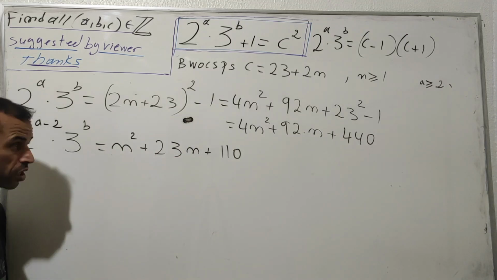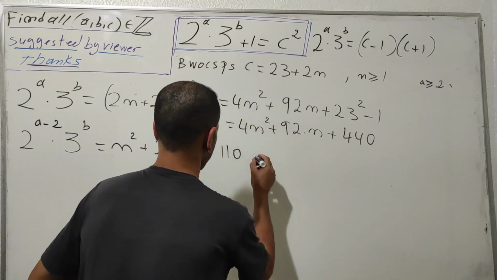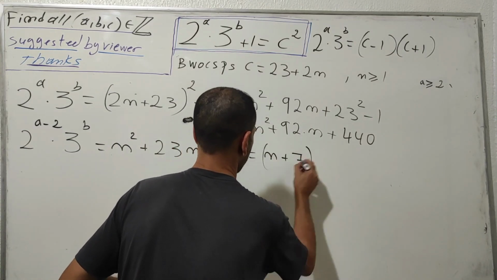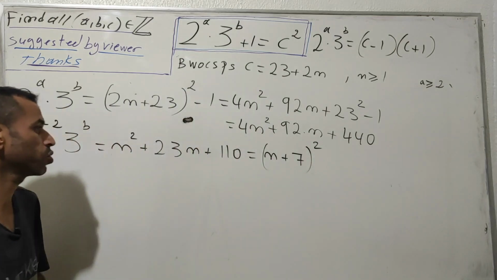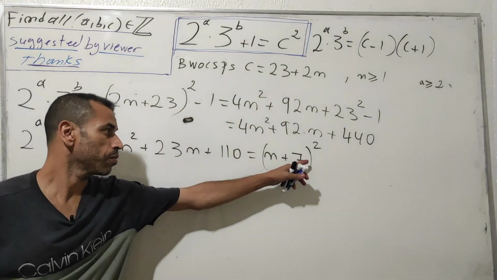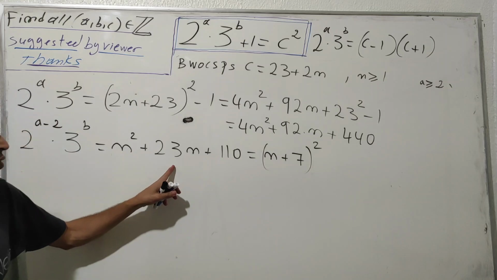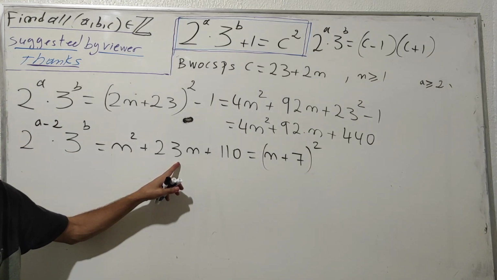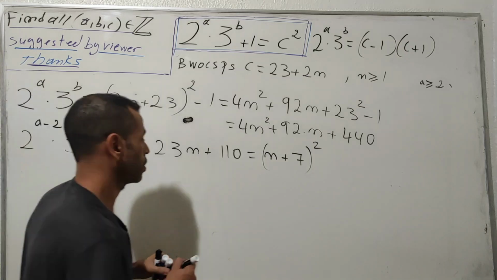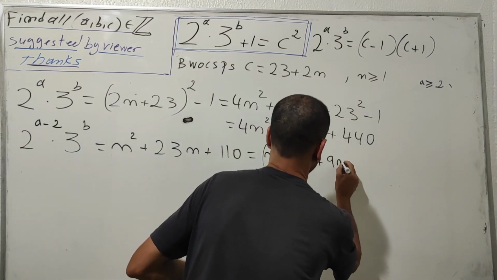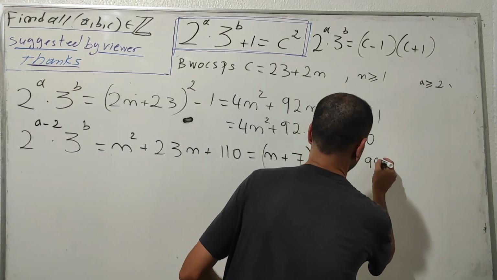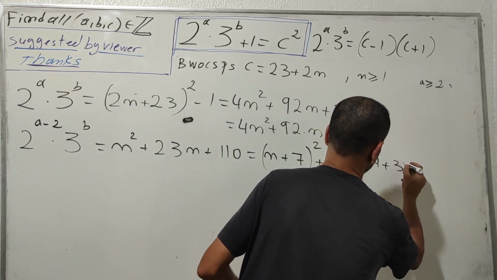Now I'm going to use a nice trick to make this one in the form of a perfect square. So I'm going to write this one as (n plus 7) squared. If I distribute this one, it's going to give us n squared plus 14n. To get to the 23n, we are going to add 9n. 110 is the same as 99 plus 33.